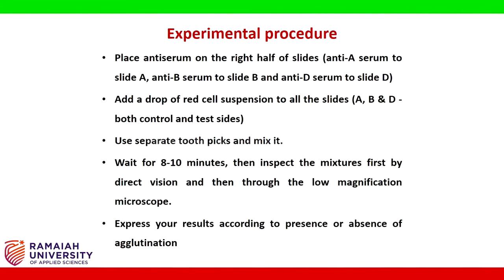Use separate toothpicks and mix it. Wait for 8 to 10 minutes, then inspect the mixtures first by direct vision and then through the low magnification microscope. Express your results according to presence or absence of agglutination.